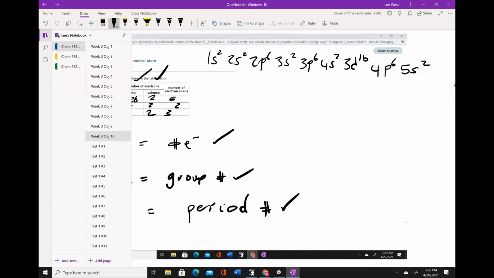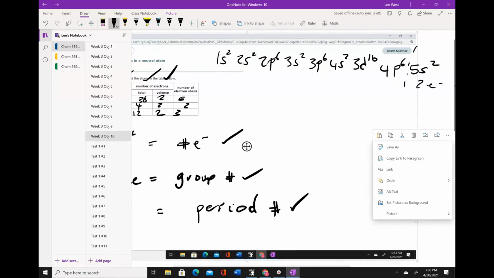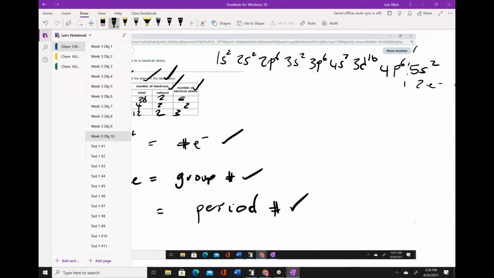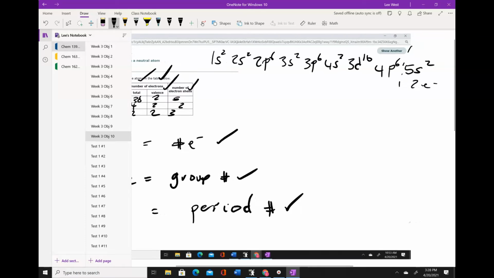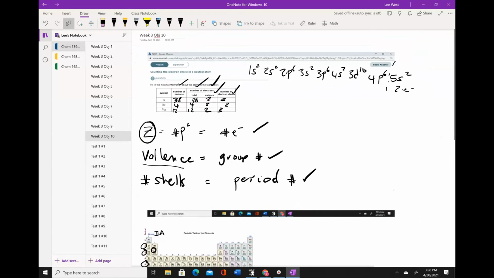And so where is the outer shell? Well, it's the 5th shell, and it has 2 electrons in it. So the number of electron shells is correct, and the number of valence electrons is also correct. But I didn't have to write that all out. I just got that from the period number and the group number. You see how easy that was?